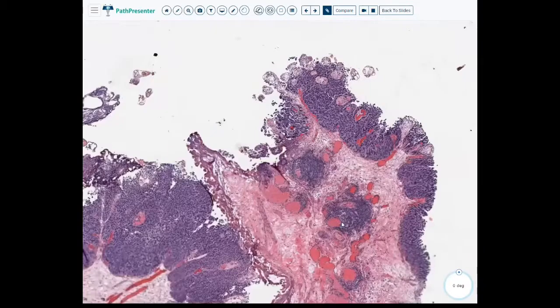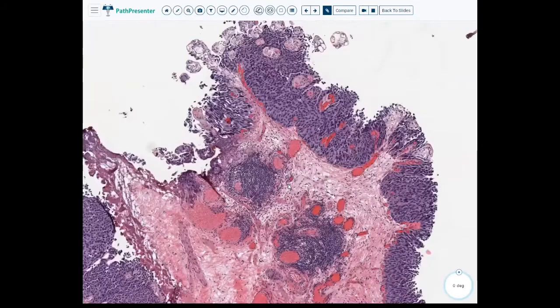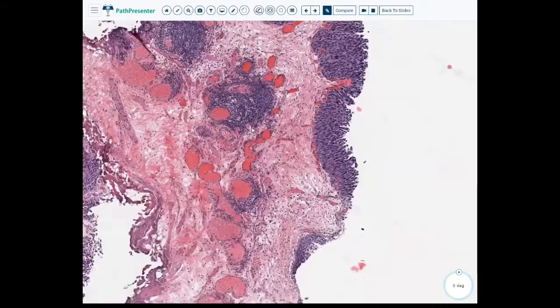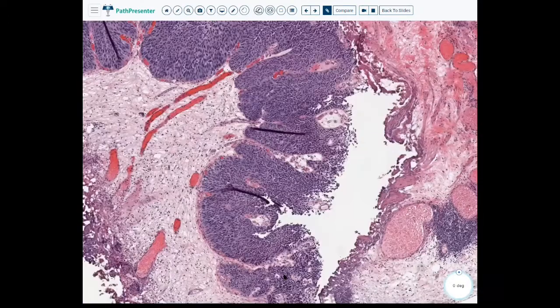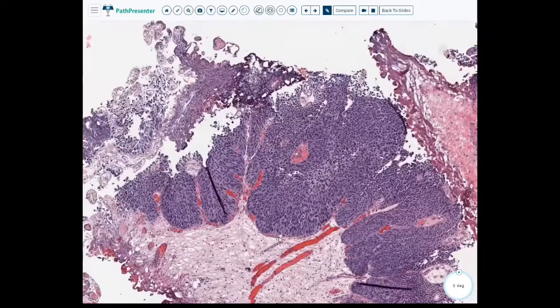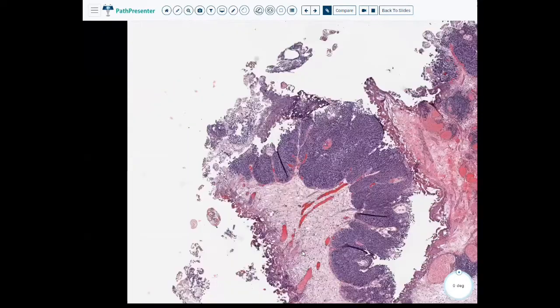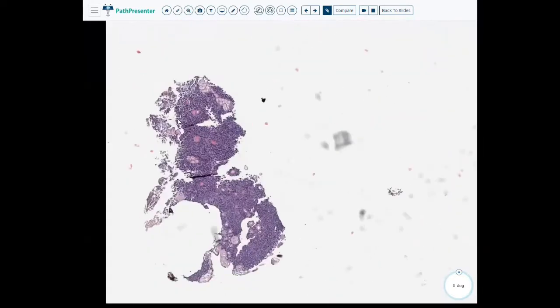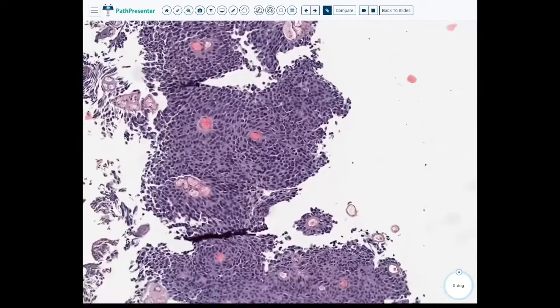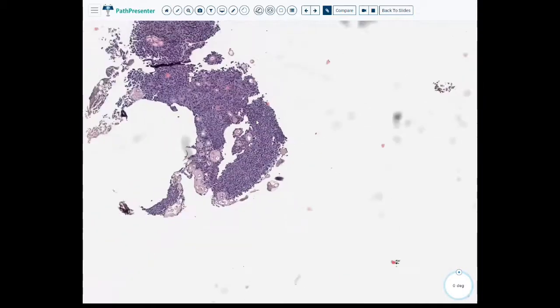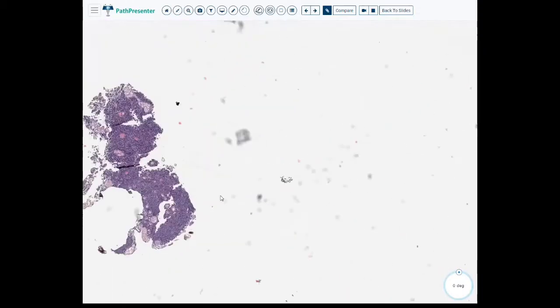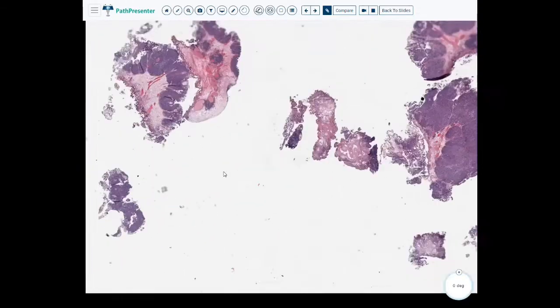So I guess at this point we might as well finish out looking at the other pieces. But it seems to be a very similar pattern throughout. I would say for this, non-invasive urothelial carcinoma, low grade with high grade features.